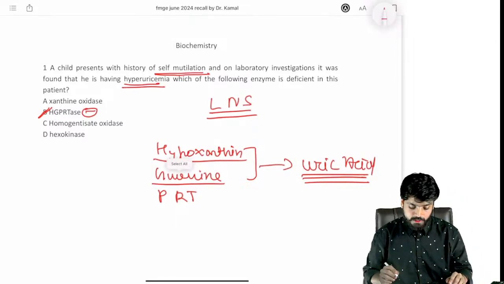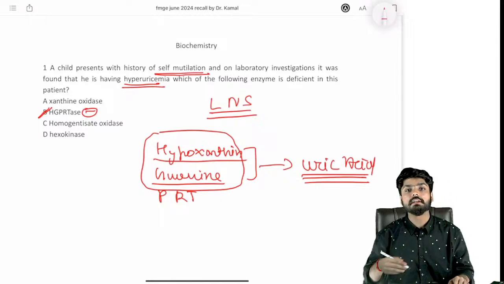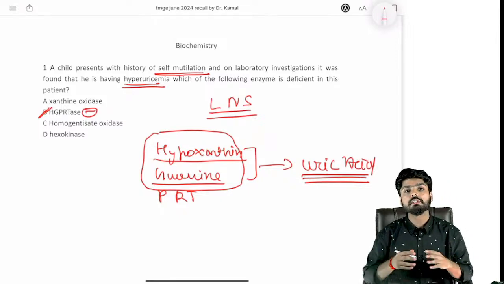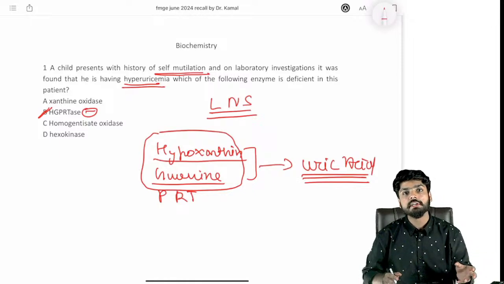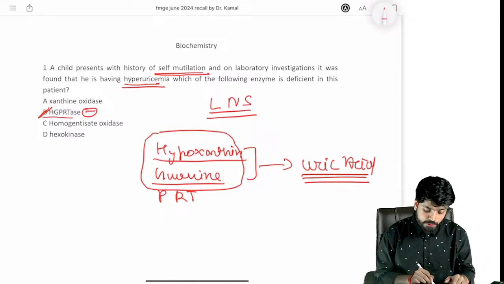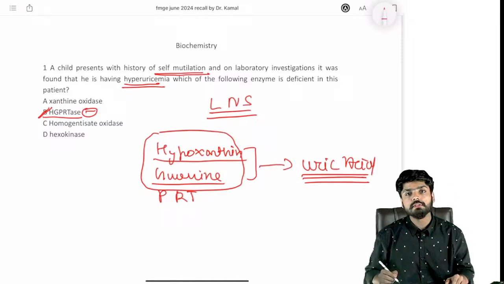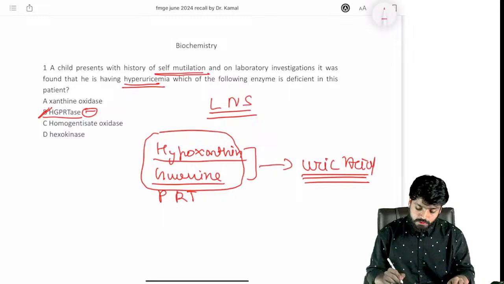You have to understand that these are the purine bases and they are recycled every time. They are very essential for the DNA synthesis process. Whatever cell dies, its DNA material is recycled to make the new cell's DNA. So this enzyme is used for recycling of the purine bases and nitrogenous bases present in the old cell.